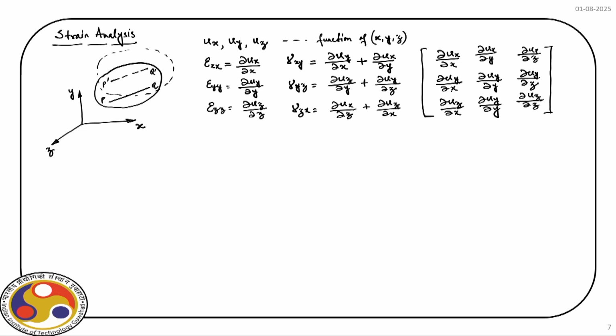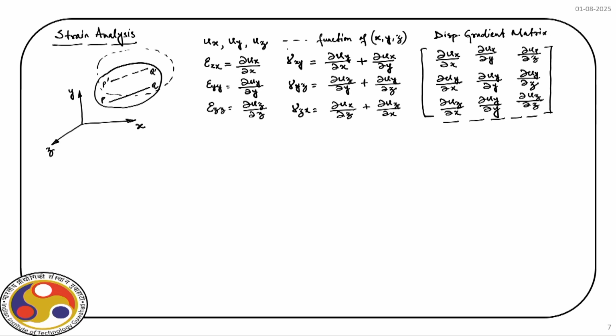So, if you have a displacement field, first we find out the displacement gradient matrix and then using the elements of this matrix actually we can represent strains.